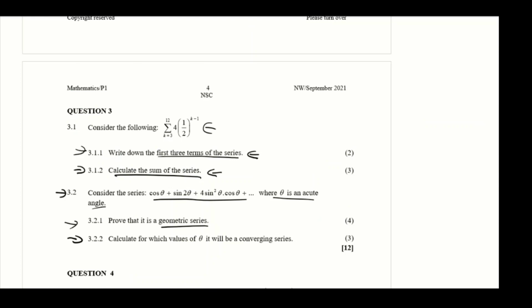So 3.2.2, we are asked to calculate for which value of theta will the series converge. So remember that convergence applies when R lies between -1 and 1. And we found in our 3.2.1 that R is actually 2 sine of theta. So we're going to substitute this 2 sine of theta into this problem here.